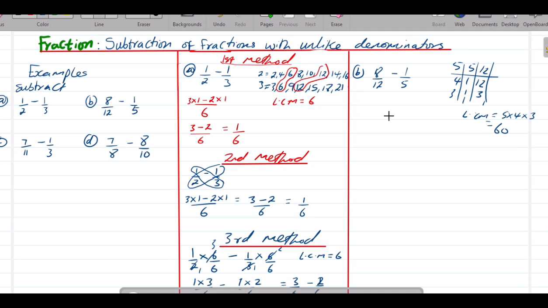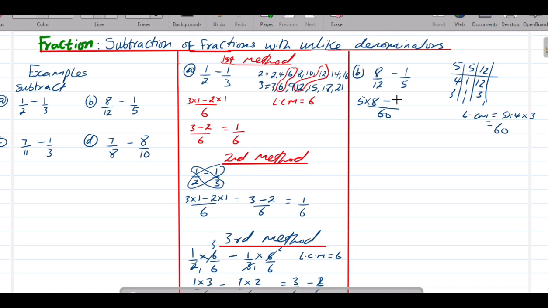Now that I've determined my LCM, the next thing we need to do is to divide the LCM by the denominators given to us. So we proceed by saying 60, and 12 can go in 60 how many times? 12 can go in 60 5 times. So we multiply that 5 by the numerator, which is 8, minus: 5 can go in 60 how many times? 5 can go in 60 12 times.